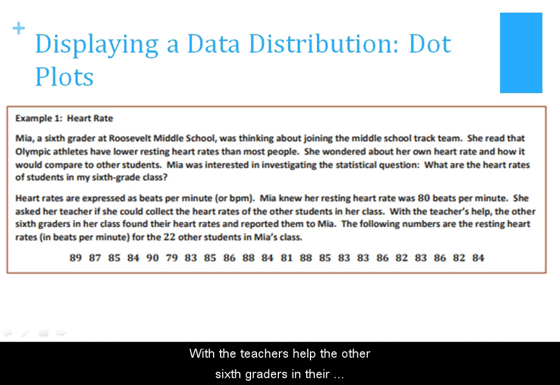She asked her teacher if she could collect the heart rates of the other students in her class. With the teacher's help, the other 6th graders in her class found their heart rates and reported them to Mia. The following numbers are the resting heart rates in beats per minute for the 22 other students in Mia's class.